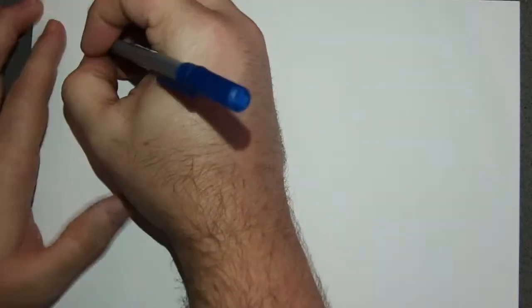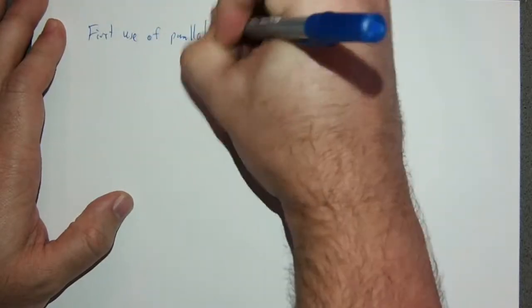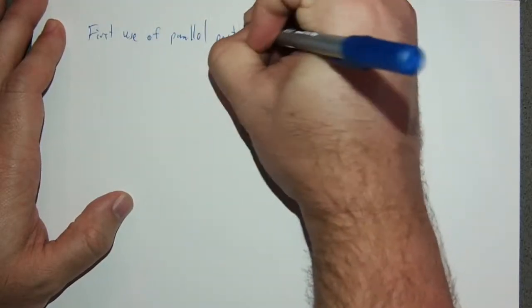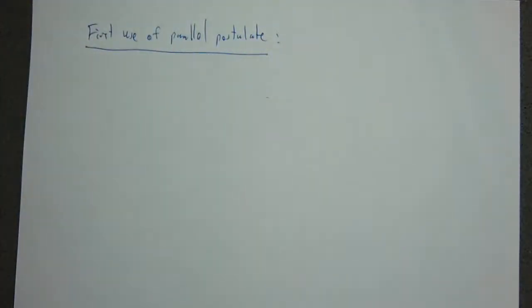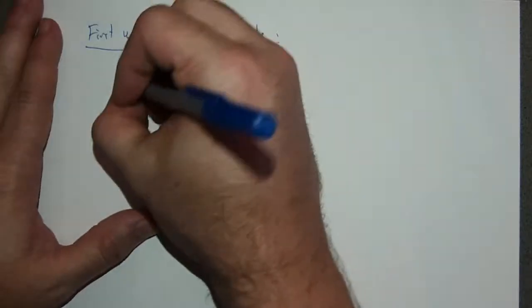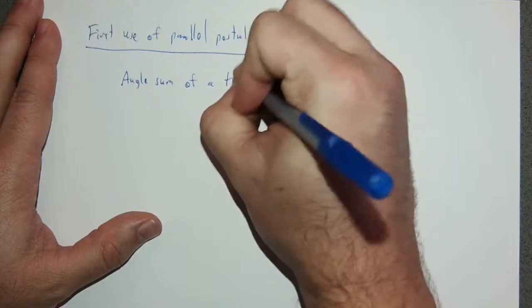So first things first, the first use of the parallel postulate. We're not using too much machinery here, but what we are doing is intimately related to the parallel postulate: the angle sum of a triangle.